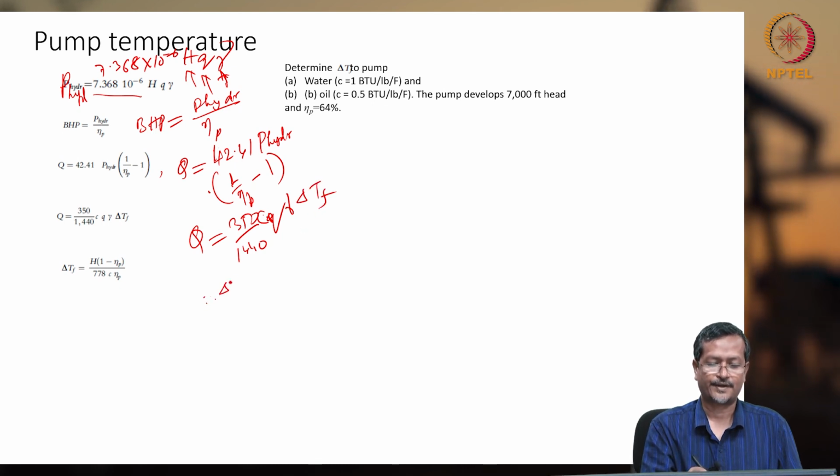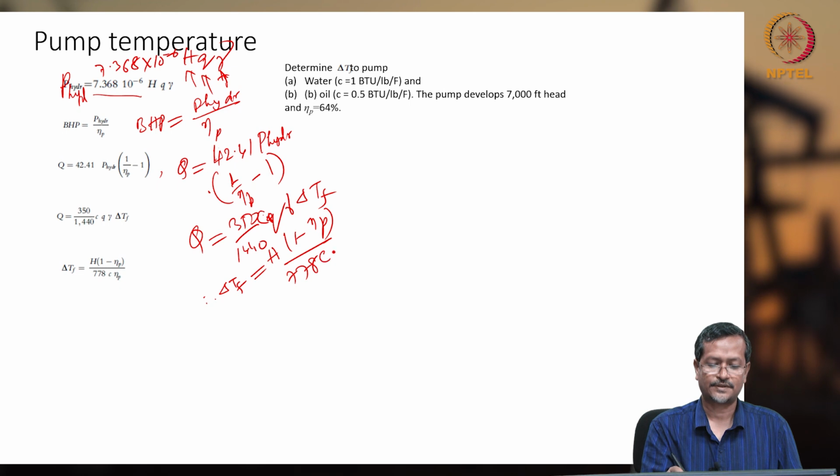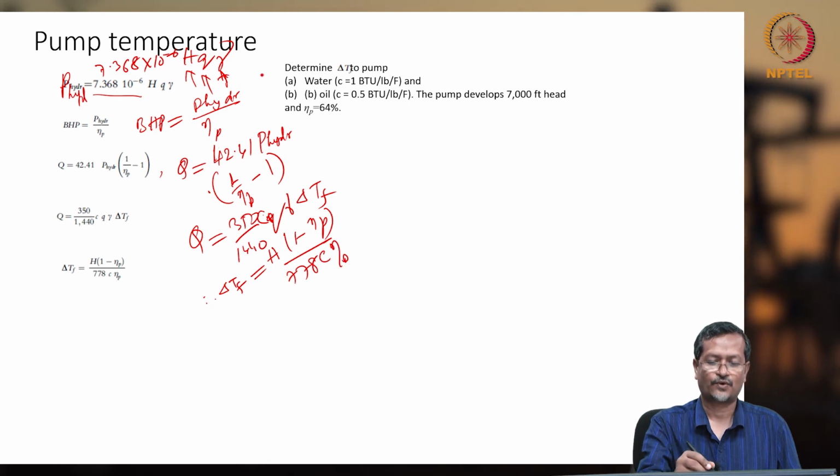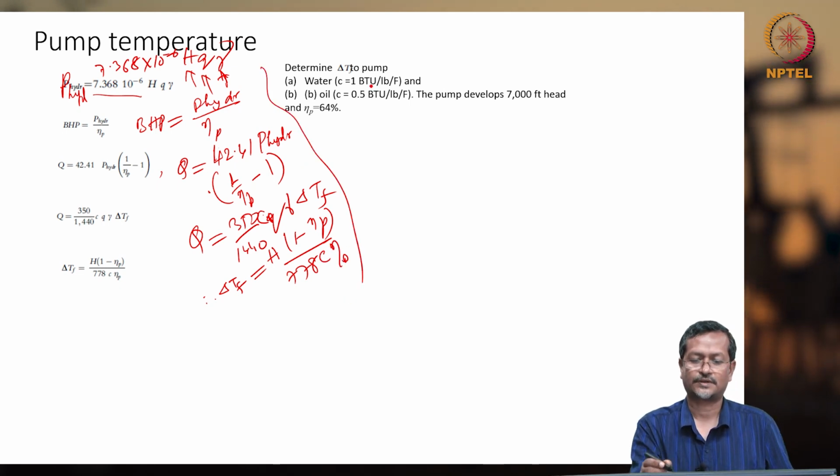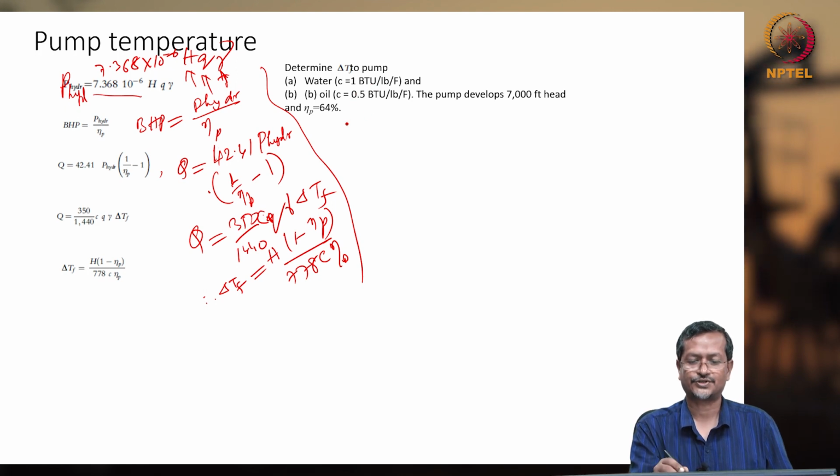Therefore del TF equals H (1 minus eta P) divided by 778 C eta P. So this formula will be used to solve this sort of heat generation problem.